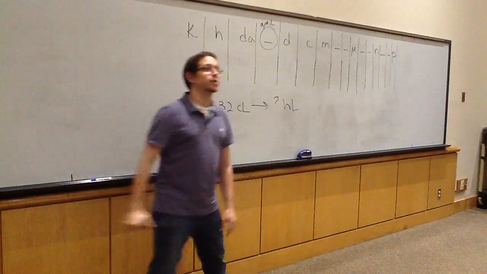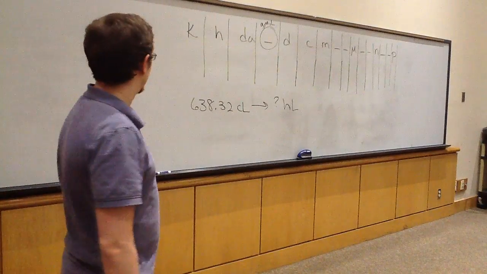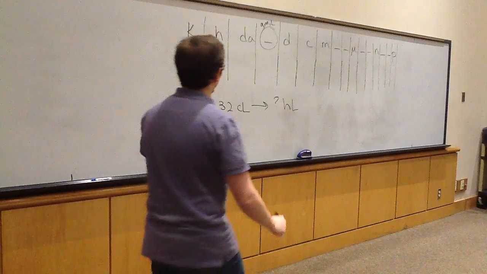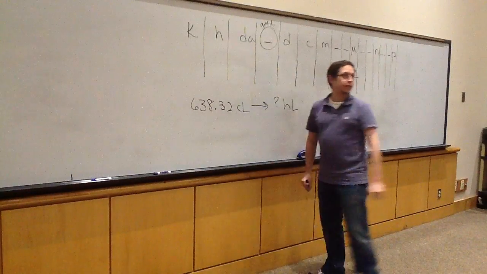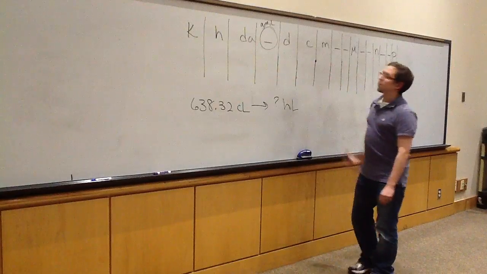So I want to know how many hectoliters there are in 638.32 centiliters. Okay, so let's do the visual technique first. So the first thing I do in my visual technique is I set up the decimal. So that's going to go on the right here of the prefix centi.